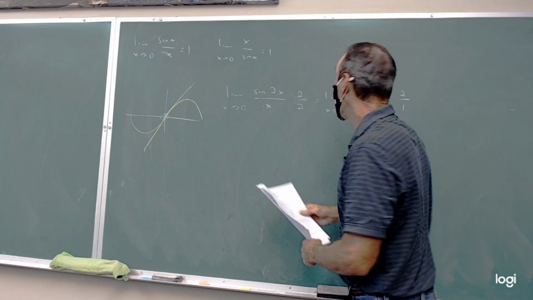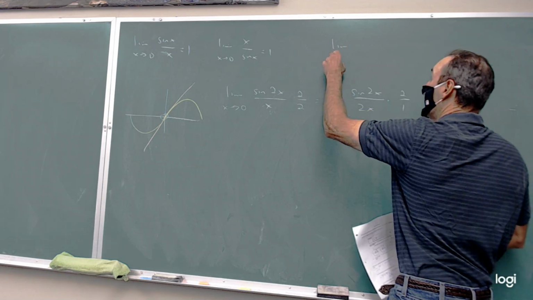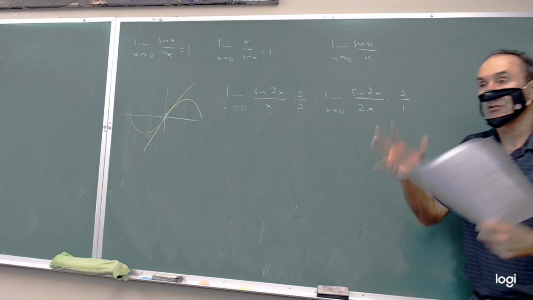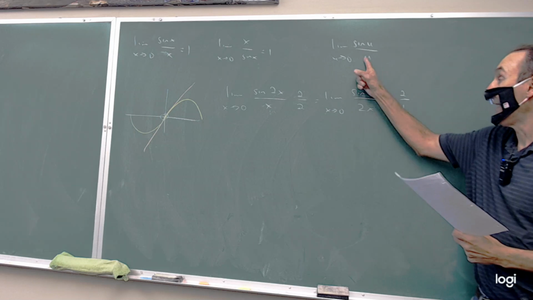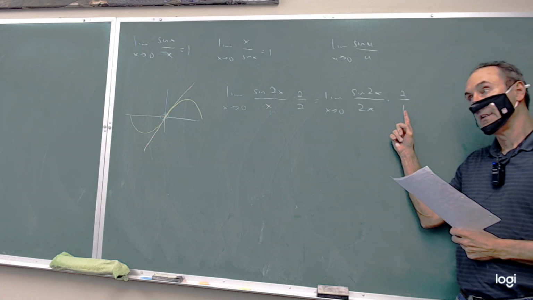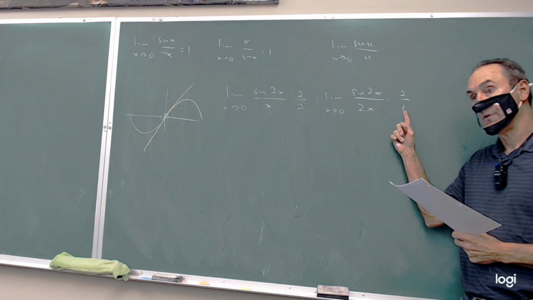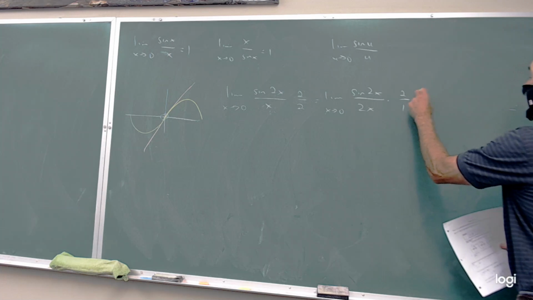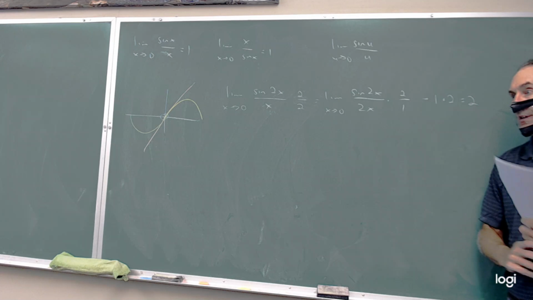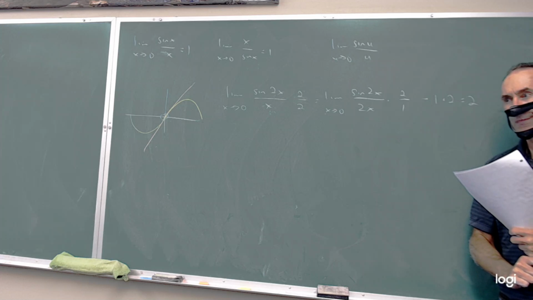Now it's like saying the limit as u goes to 0 of sine u over u, I just called it something else, that limit is going to be 1 times 2. So that limit is going to be 2. Kind of crazy?